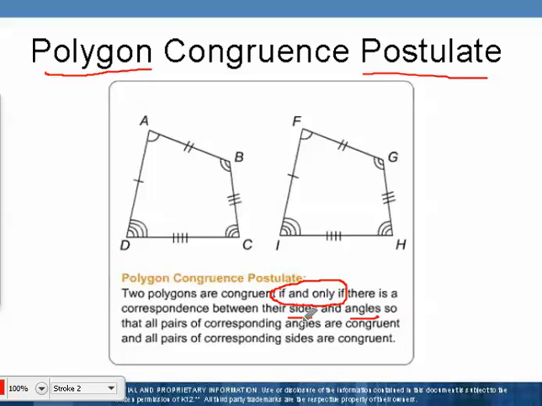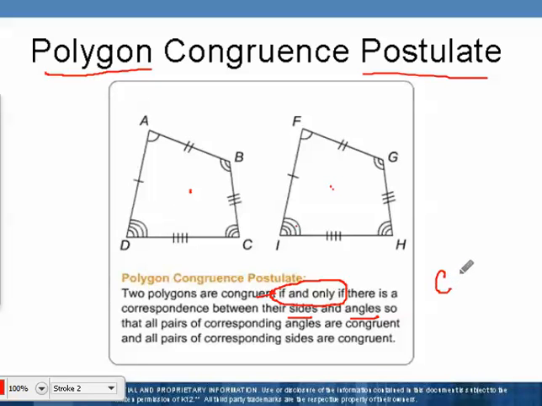Wow. So one way to prove polygons congruent would be to find all the angles and all the sides and make certain they match up between the two polygons. Lots of work. From the flip side, if I know that two polygons are congruent to each other, then we can say that all the angles and all the sides are congruent to each other. This has a name.